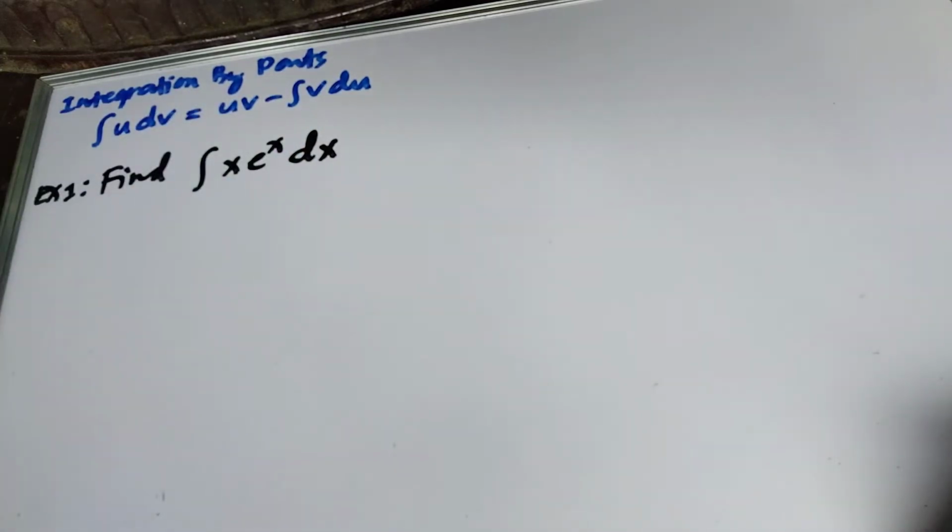Now in our module, we have some definitions on which between the two will be our u and v.